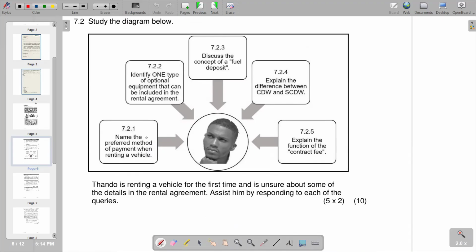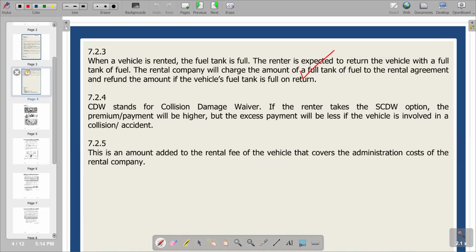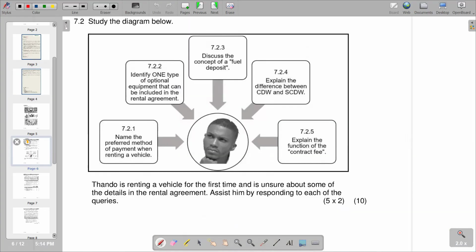So the difference is that CDW stands for collision damage waiver, and if the renter takes the SCDW option, the premium payment will be higher, but the excess payment will be less if the vehicle is involved in a collision or accident.